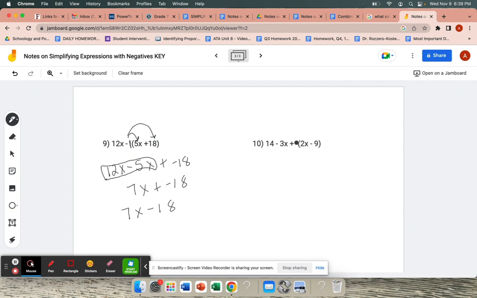And last but not least, we put a 1. To get rid of those parentheses, we need to distribute. 1 times 2 is 2x. 1 times negative 9 is negative 9. And now we're going to add everything else back.